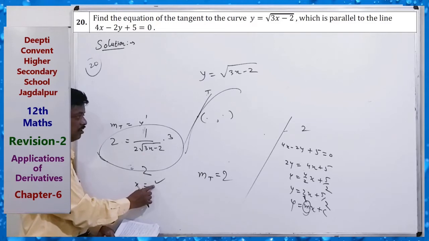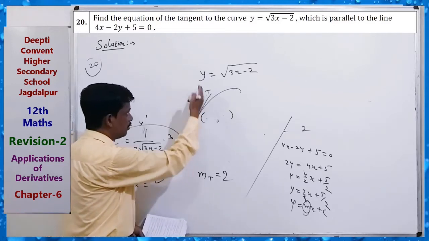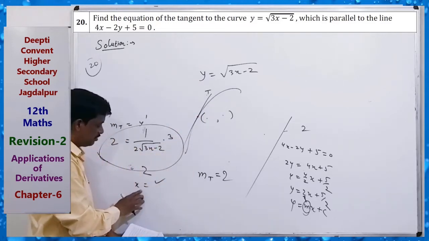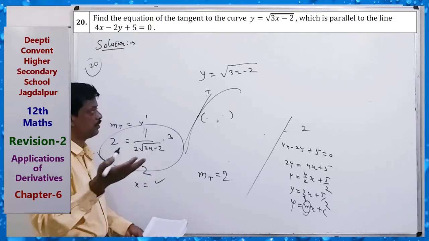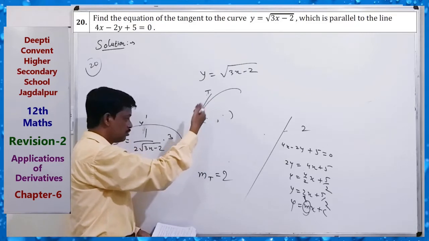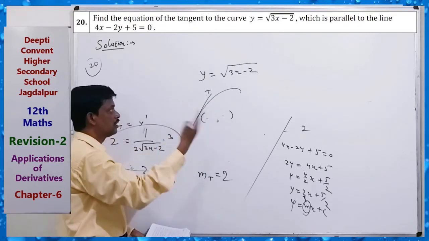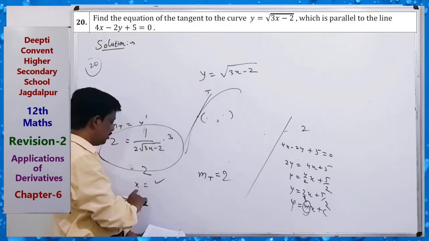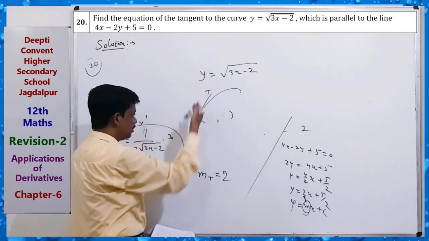If we get the value of x, then you can also find the value of y, because this point lies on the curve. So put the value of x here and you can get the value of y.